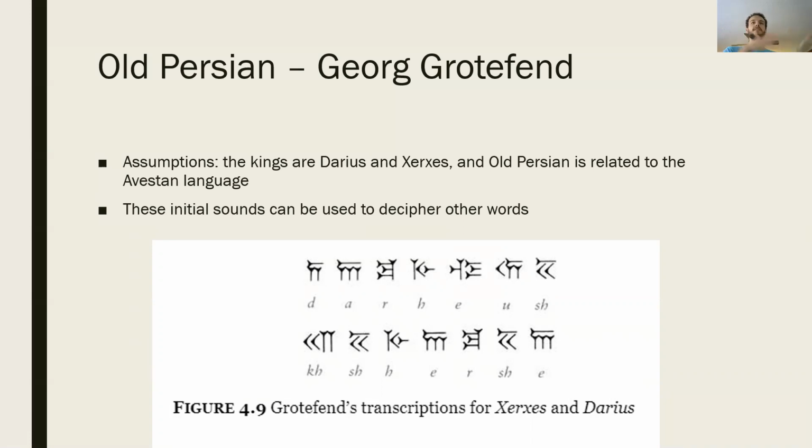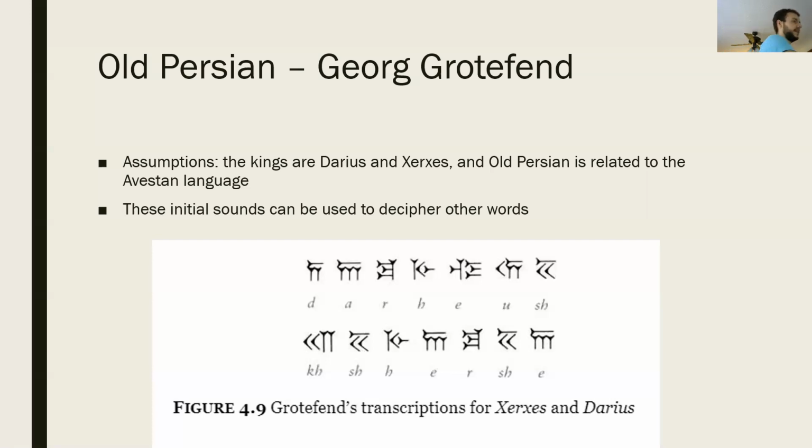Now, the way that Darius and Xerxes, those names, are pronounced varies depending on what language we're using. In Old Persian, you wouldn't call the king Darius, you would probably say something like Darheush. So that's why the assumption of the language is very important. That would determine how these sounds would actually be represented.